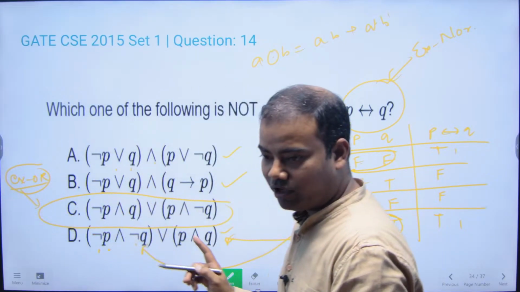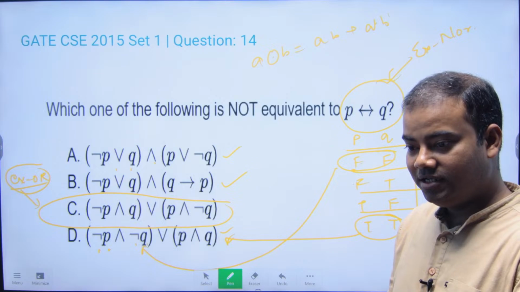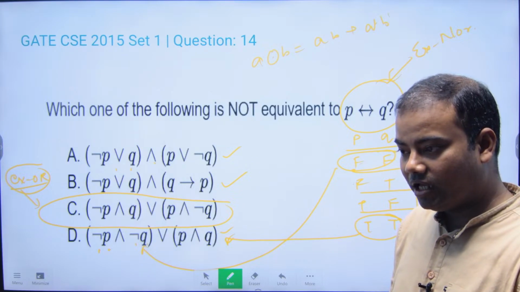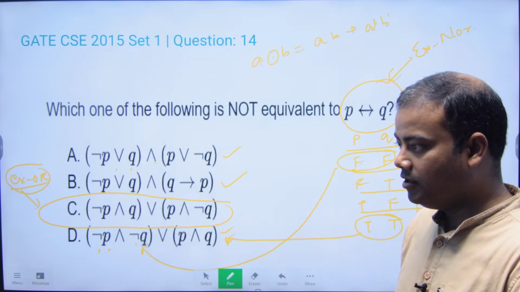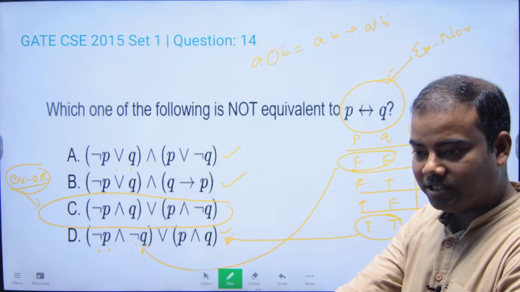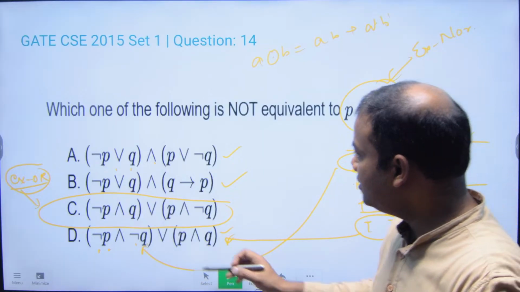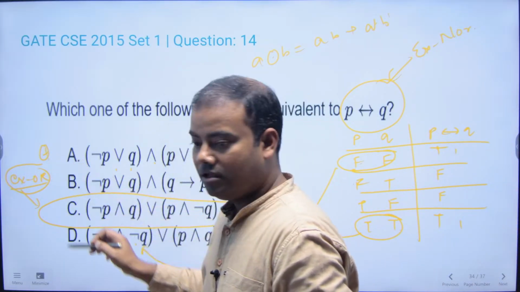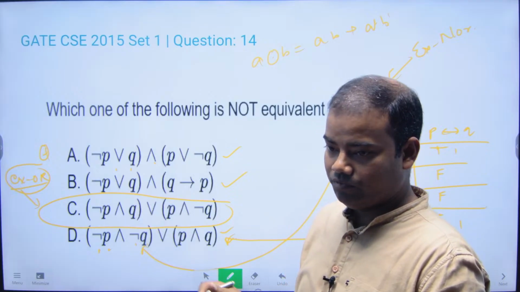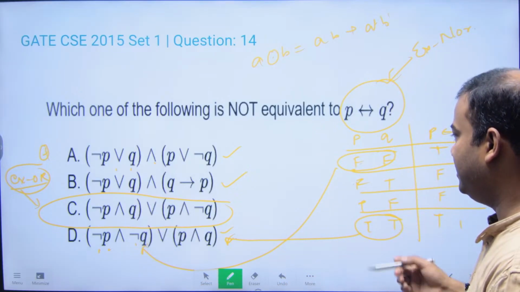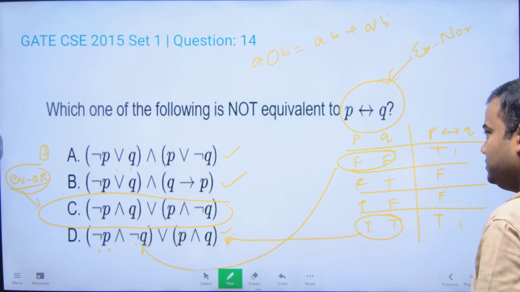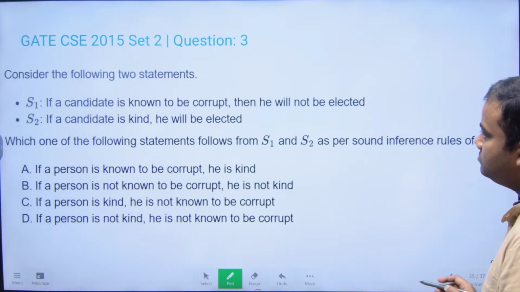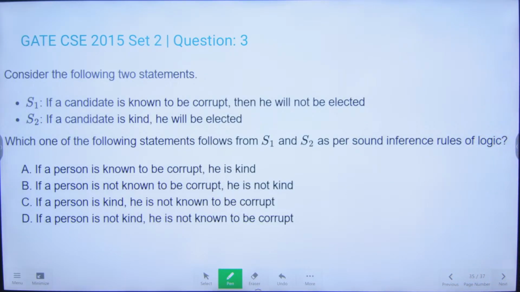This is very important. Why is XOR important? Because XOR is used when we do modular operation, so that is XOR only. Okay, we'll see later. This is clear? Now this one.